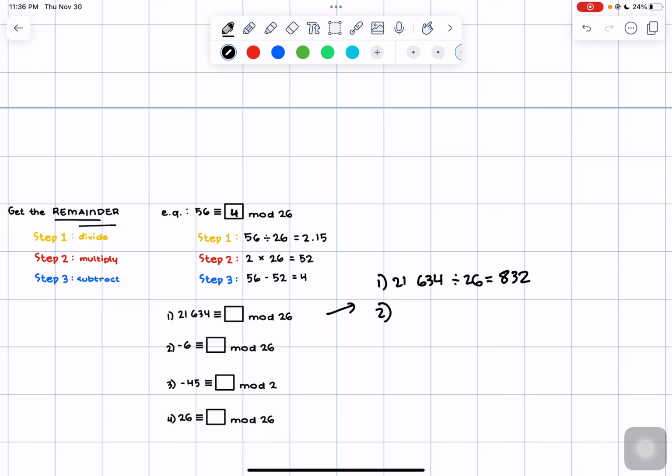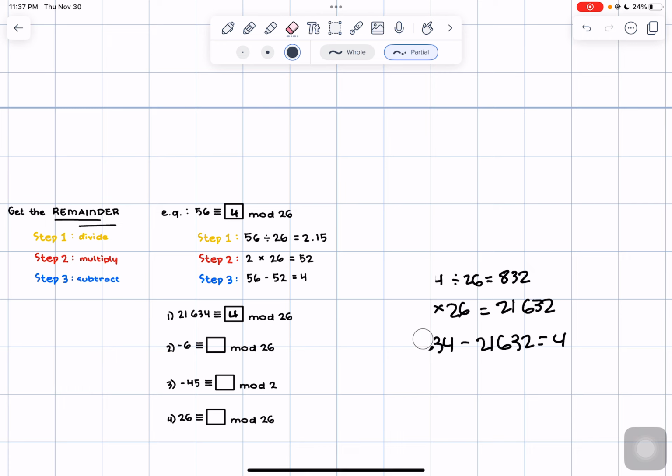Step 2. 832 times 26, that would be 21,632. Now we subtract 21,634 minus 21,632, we get 4. That would be 4 as well.